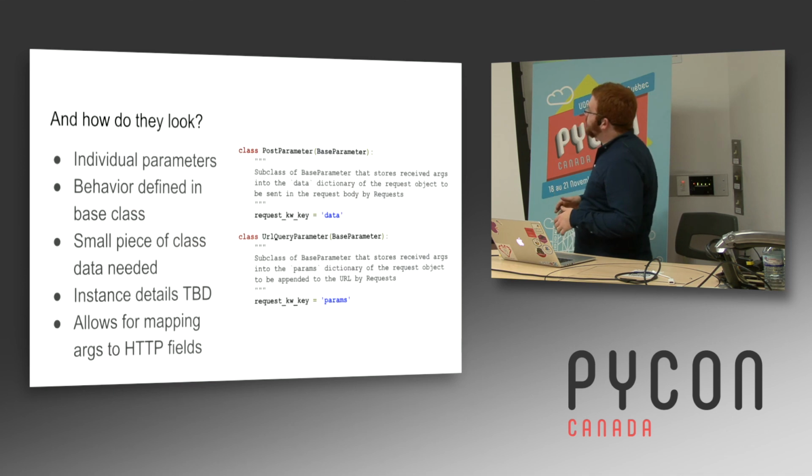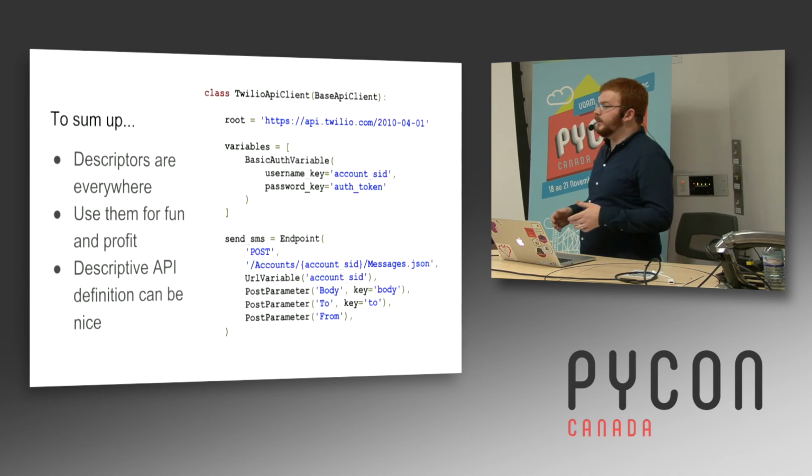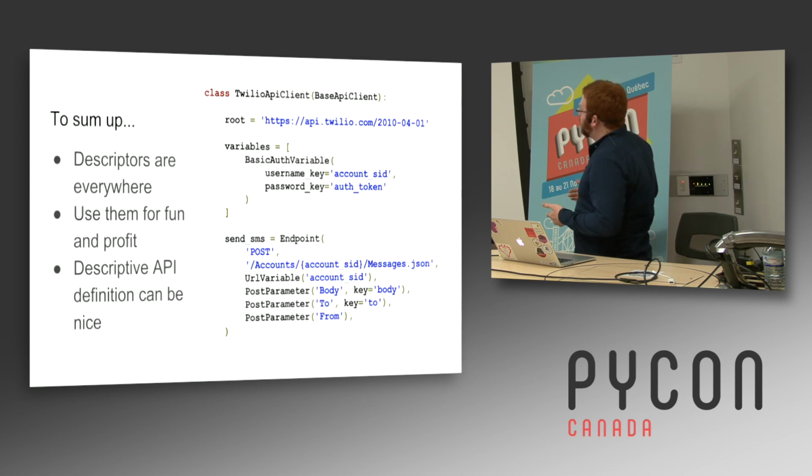So once we put all these different items together, we're able to build this API client without any of our own methods, but which is easy to read and descriptive, and we can clearly see what each endpoint does.